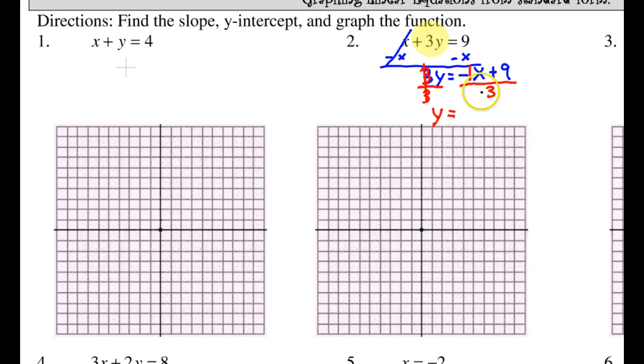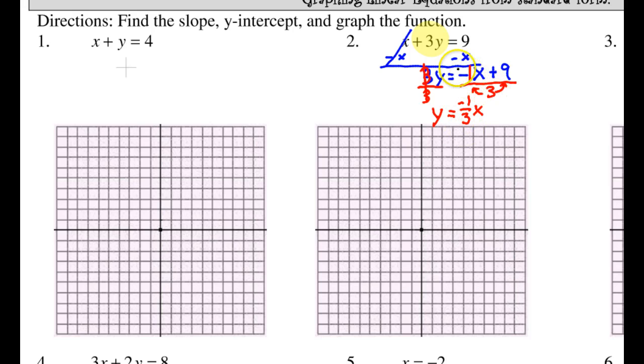Okay, last step, distribute the 3 to both. We're going to divide the negative 1 and the 9 by 3. So negative 1 over 3, negative 1 over 3x. If these actually reduced, I'd reduce it.